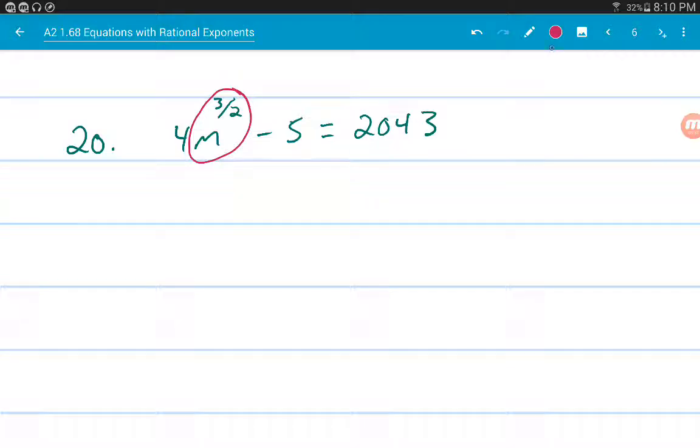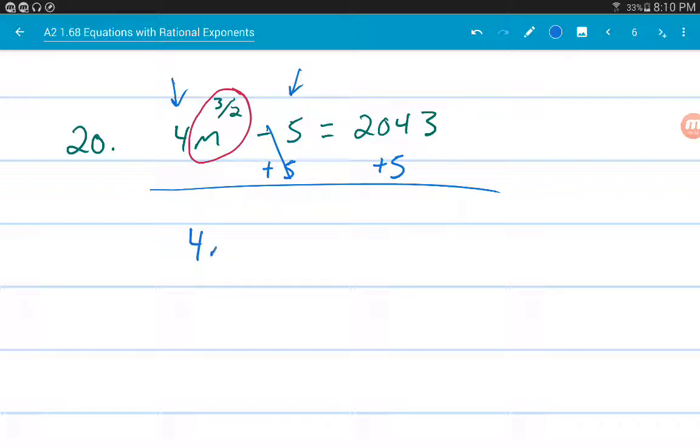So I need to isolate this guy. That means I need to get everything else away from it. So what do I need to address? I need to get rid of the minus 5, and I need to get rid of the 4. So let's do that in steps. I'm going to get rid of the minus 5 first. So I add 5 and add 5. Now I get 4m to the 3 over 2 power is equal to 2048.